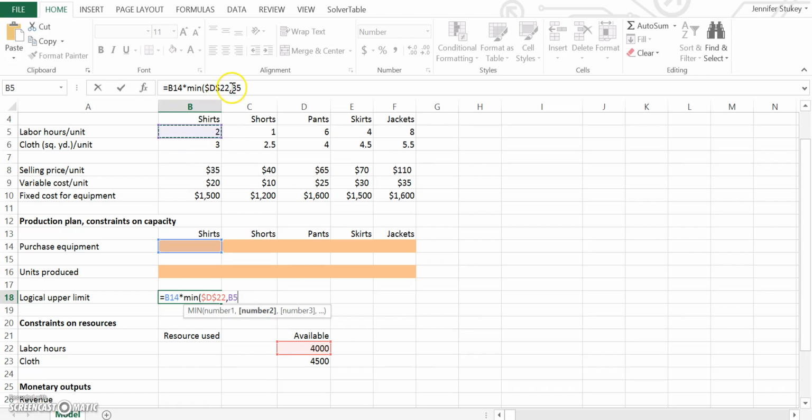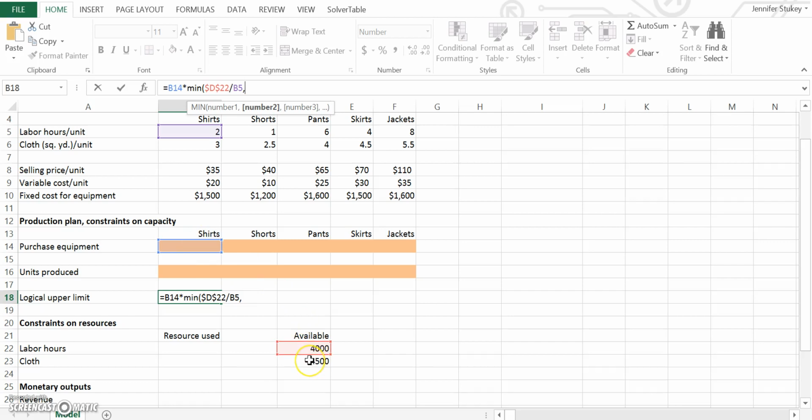And I'm sorry, you know what? That should not be a comma. It should be a divide. So it's D22, which is an absolute value, divided by B5. And that's going to give us the maximum number of shirts we could produce if that was the only thing we produced with this resource.